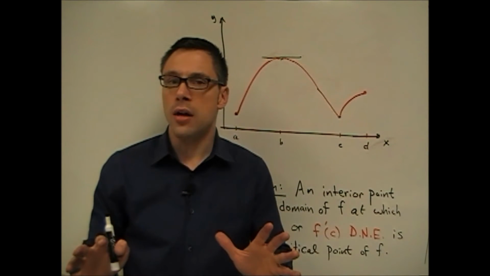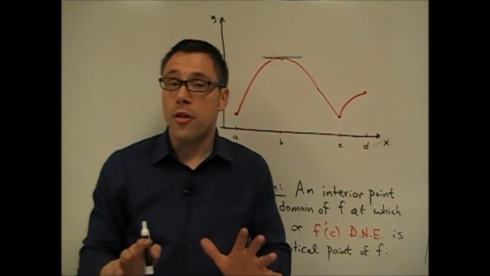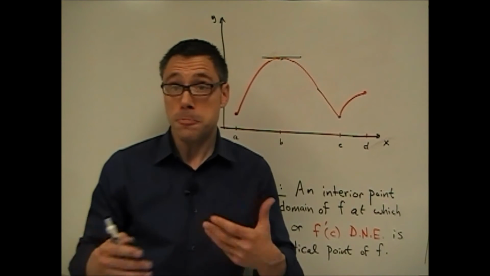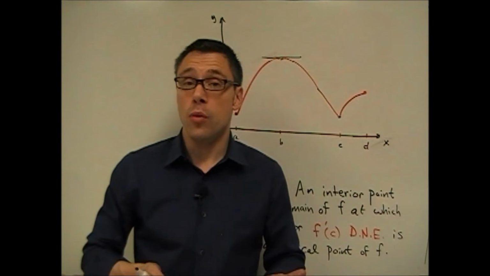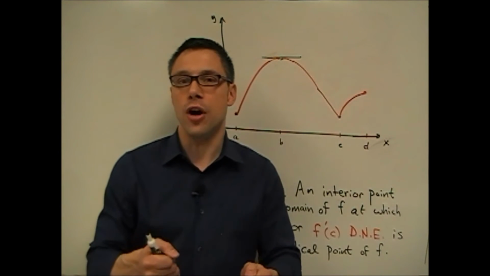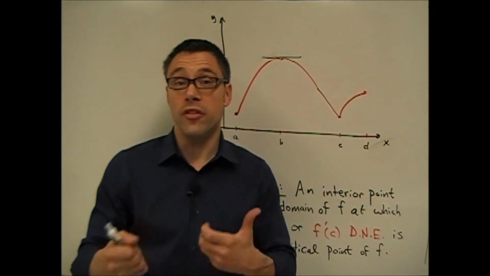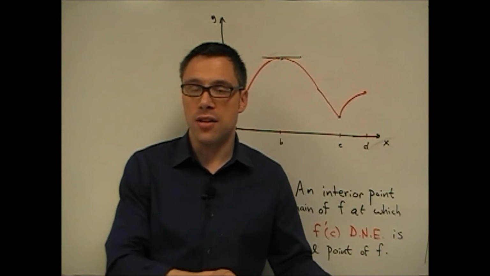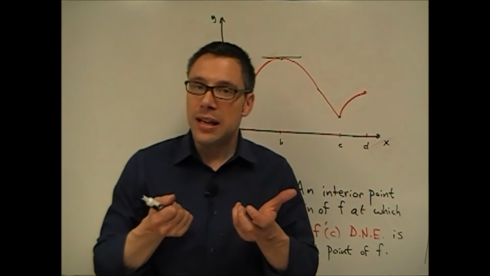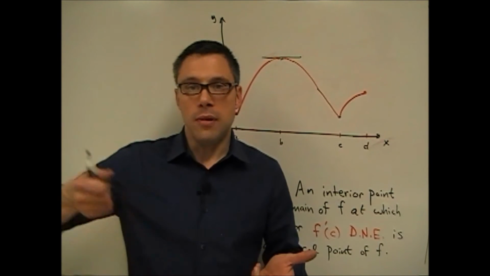But we also saw some examples of where the function might be doing something else. Okay, in other words, it's possible that we have a critical behavior of the function. The function's derivative might be equal to 0, or the derivative might not exist, but yet the function is still increasing as it goes along.